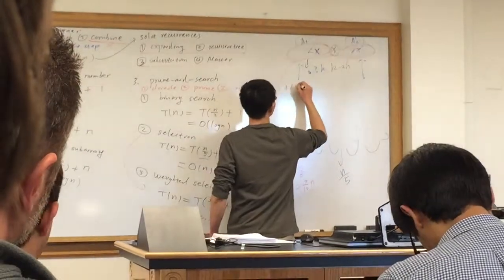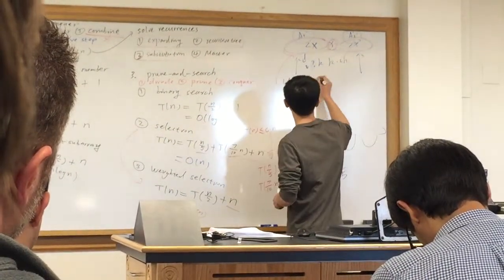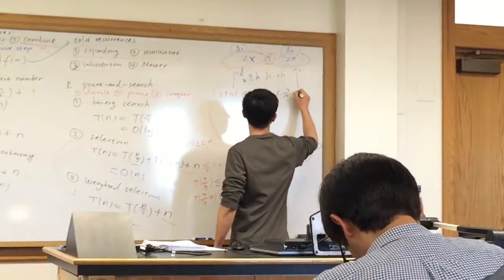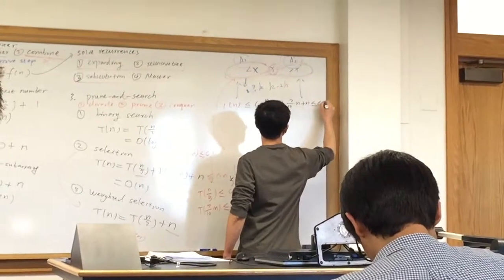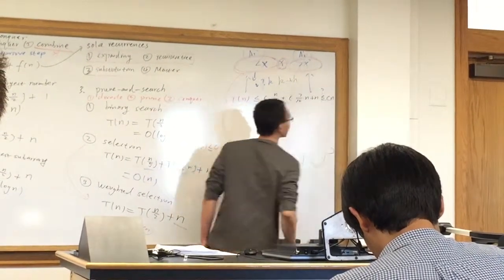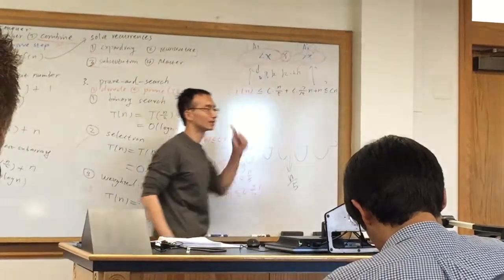So I have T(n) less than C times 9/10 n plus n. This is something I want to prove. You want to find a C such that this is true.